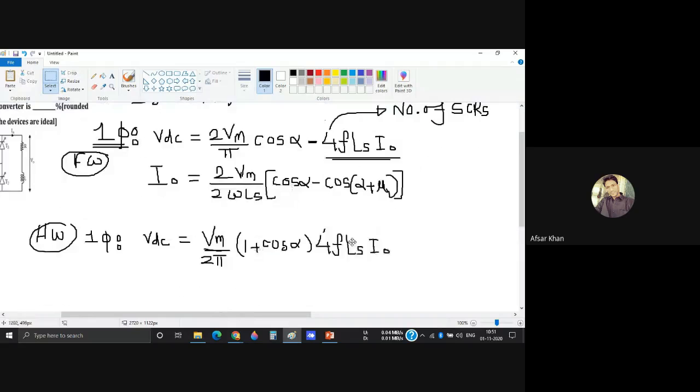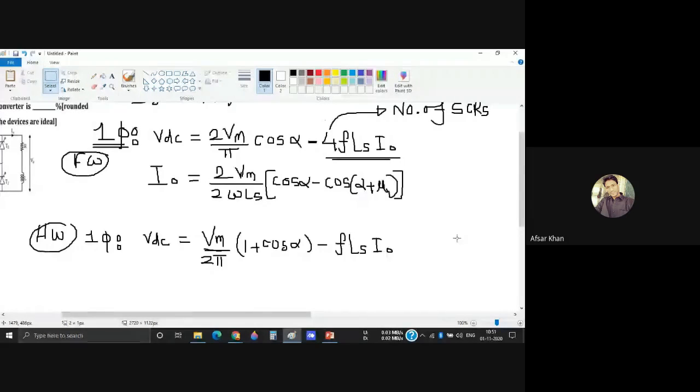As here in half wave there is only one SCR, instead of multiplying by 4, I have to multiply by 1. Yes, students? This is for the half wave rectifier.